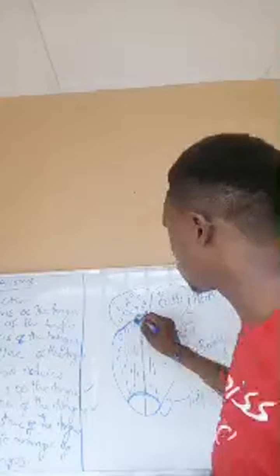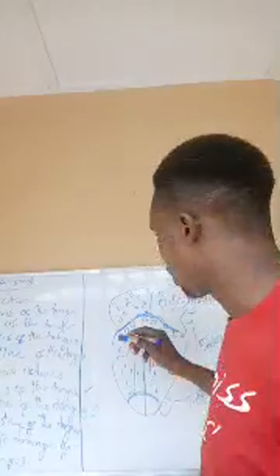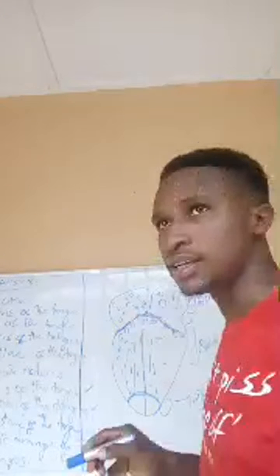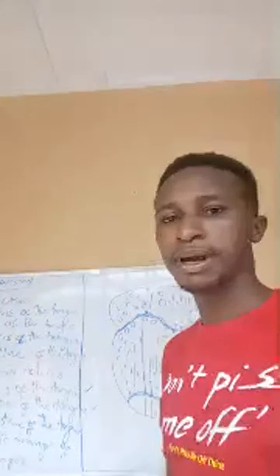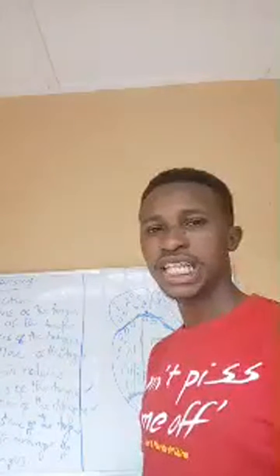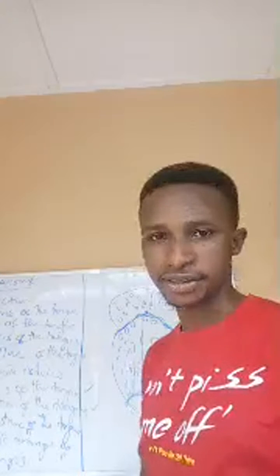Structures here, the circumvallate papillae, also known as the vallate papillae, and the taste buds between them are not innervated by the chorda tympani branch of the facial nerve. So what innervates them? As we move forward, we'll talk about that.